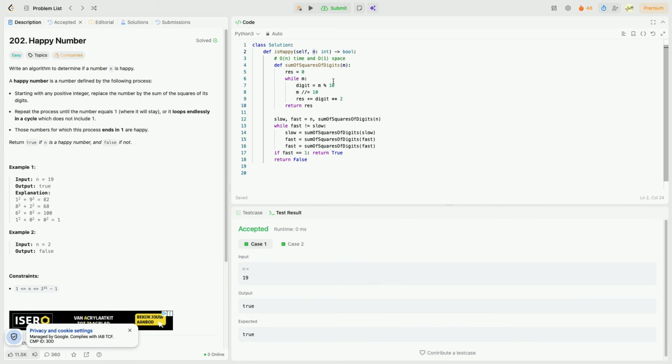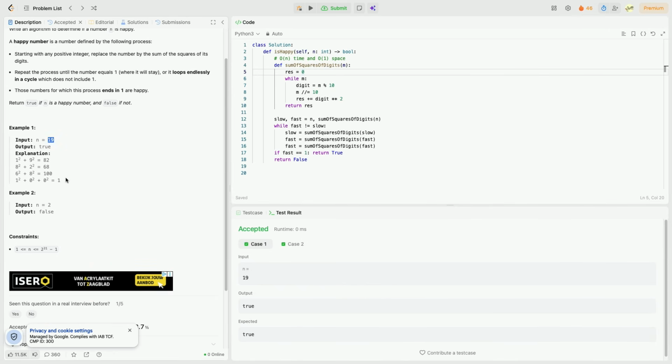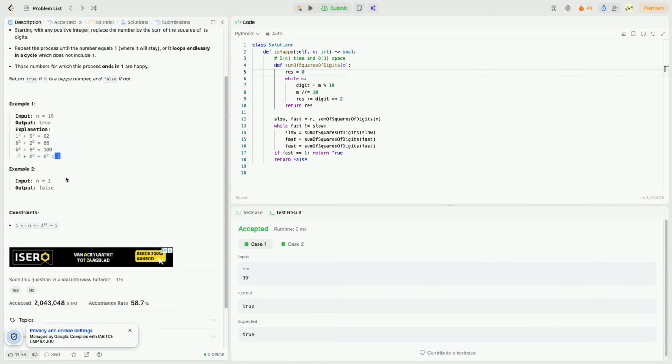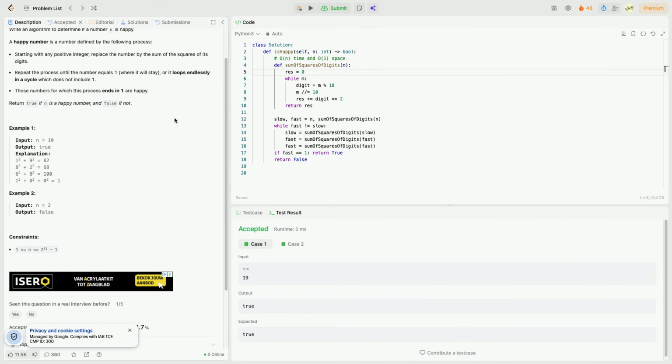If you wanted to figure that out, I suppose you would have to manually by hand look at some examples to see if you see a pattern of how large these numbers can get. Because here you can see we start at 19, it goes up to 82, then it goes up to 100, then falls to 1. So I don't know what the pattern here is. So the time complexity of n, question mark.